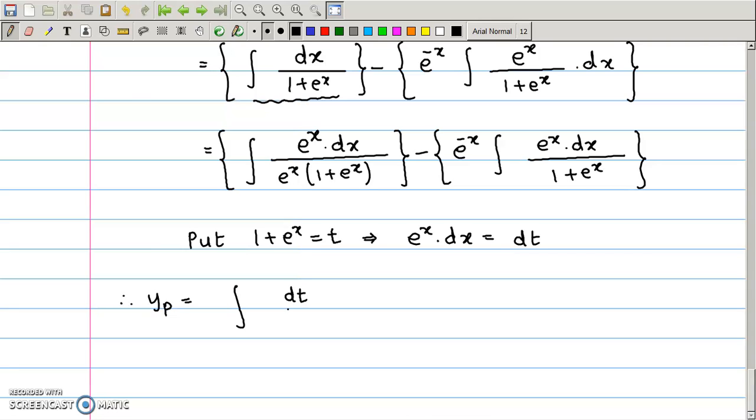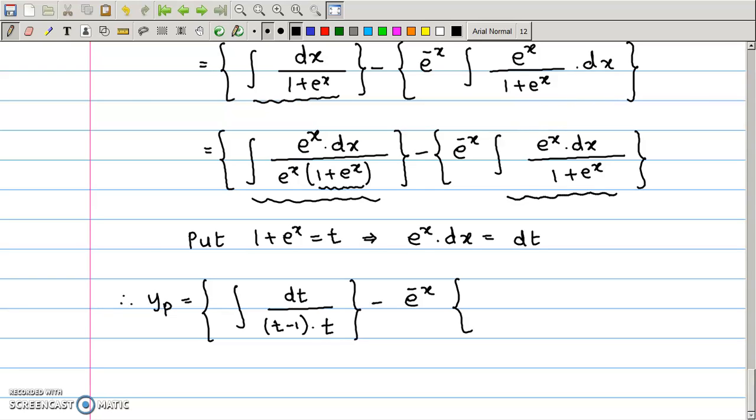The numerator will be dt, the denominator term will be, we substitute t here, and e raised to x is equal to t minus 1 into t, this will be the first bracket, minus e raised to minus x as it is, because we are using this substitution for evaluating these integrals only. So this e raised to minus x will be as it is, numerator will be dt and denominator will be t.